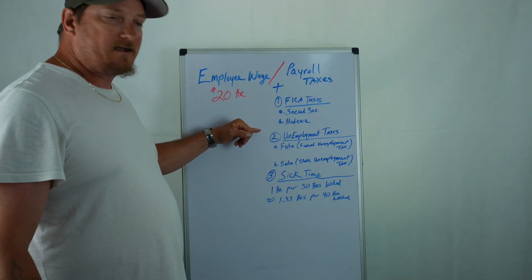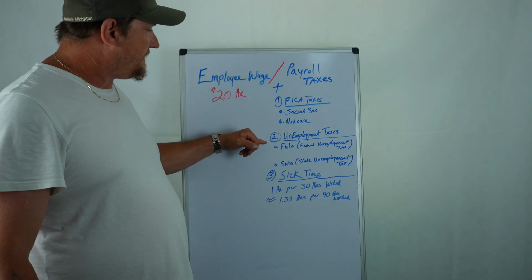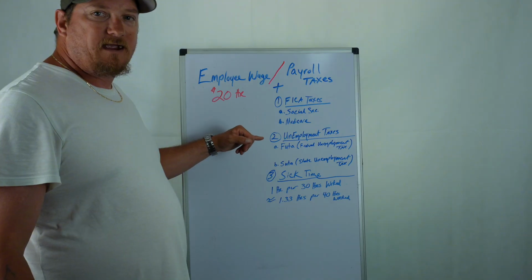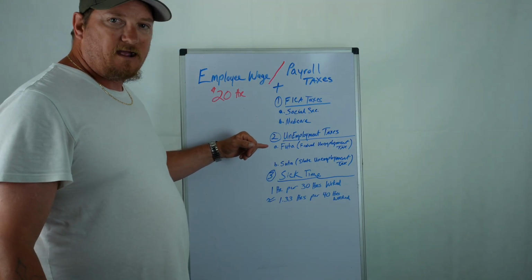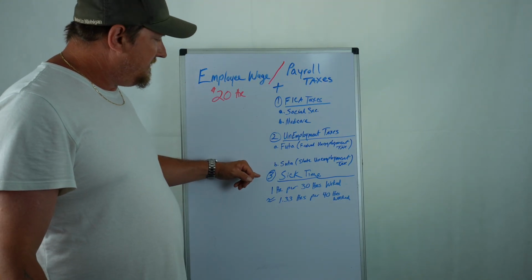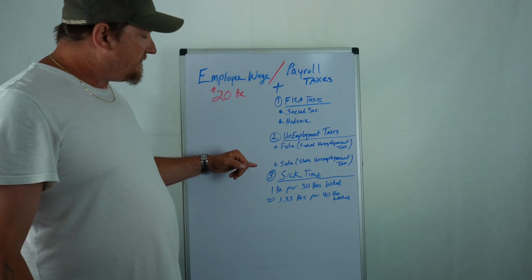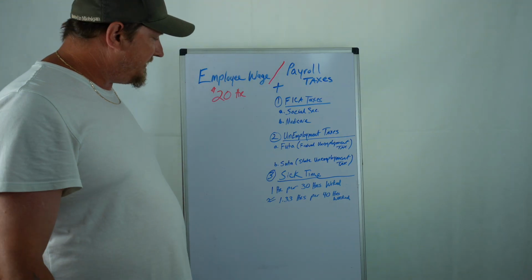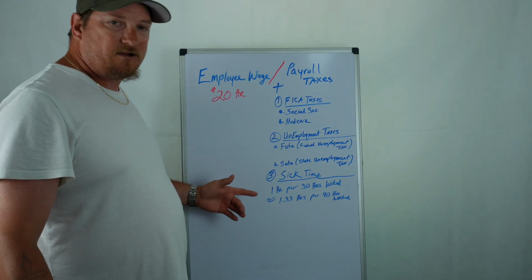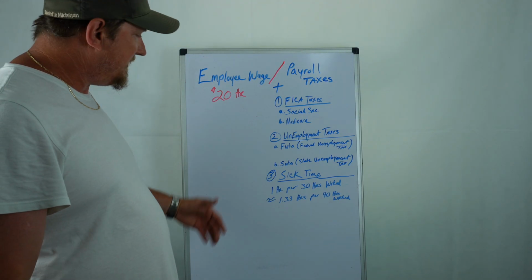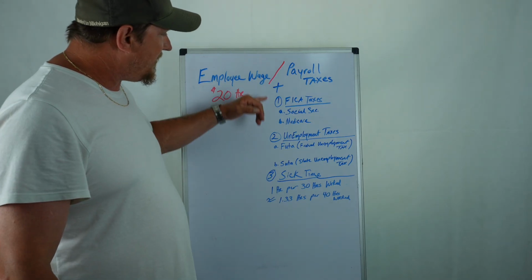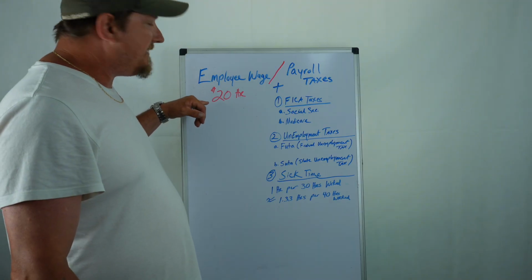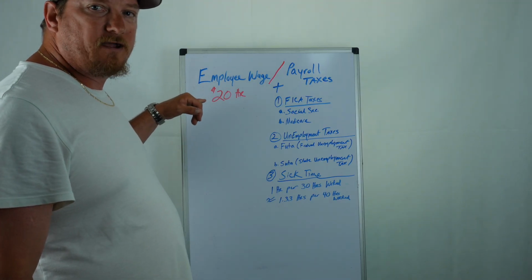Second, unemployment taxes, which is federal unemployment tax and state unemployment tax. Now, some states may or may not have state unemployment tax. And the third one is sick time. Here in Michigan, we're now required to provide sick time for our employees. Some states, again, may not require that, but here in our state, they do. So we're going to factor all these in, and we're going to see what the actual payroll tax is on top of the wage to pay an actual employee.